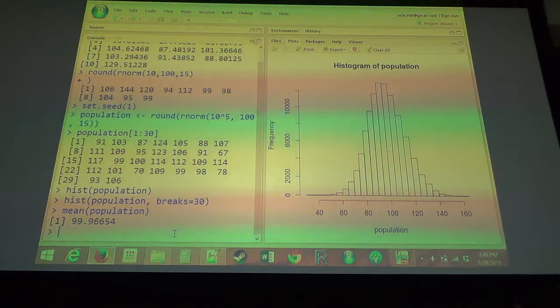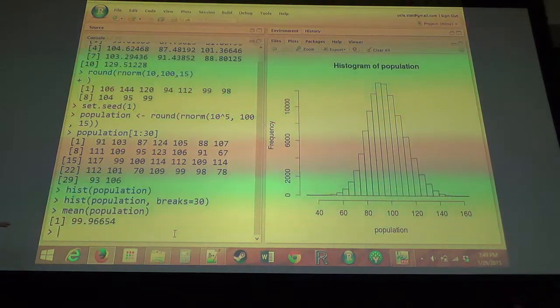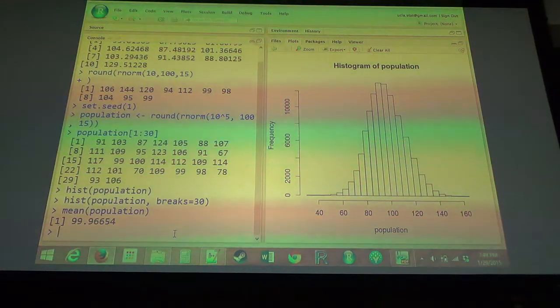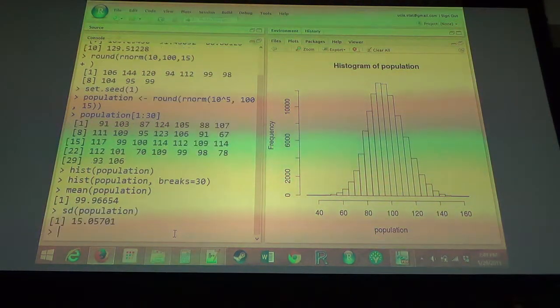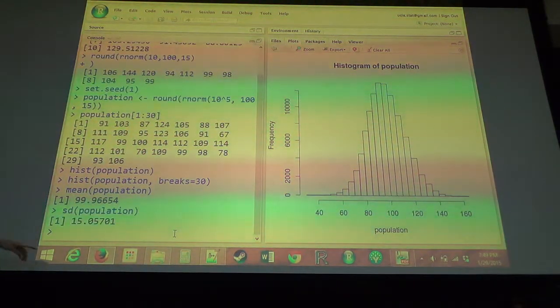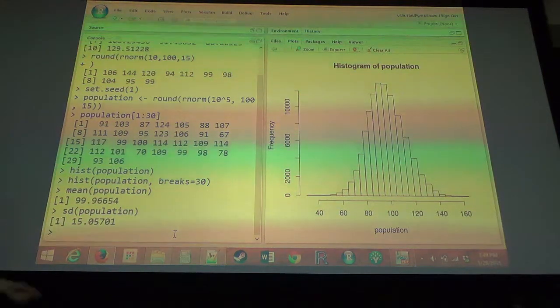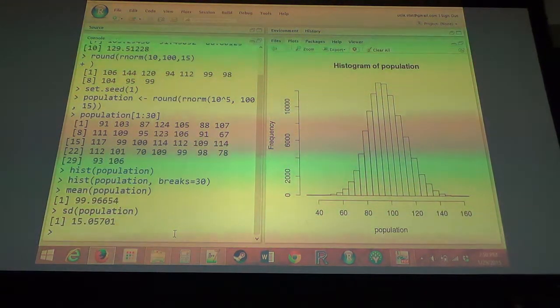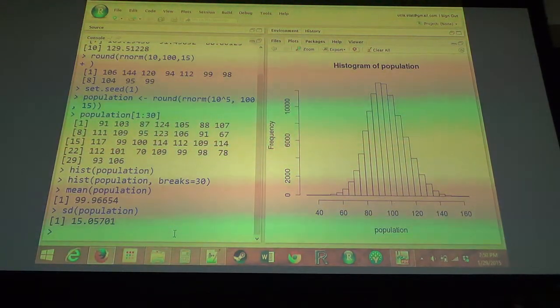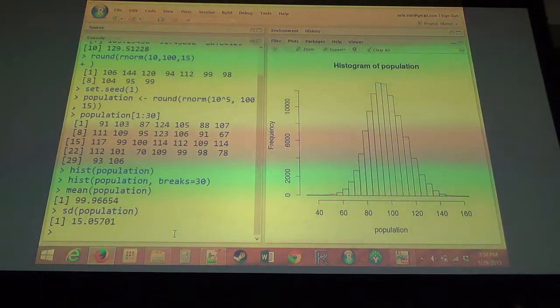Is that okay with everyone? All right, and we could ask for the standard deviation of our population. The standard deviation is exactly 15.05710701. So that is the standard deviation and the mean of our population.